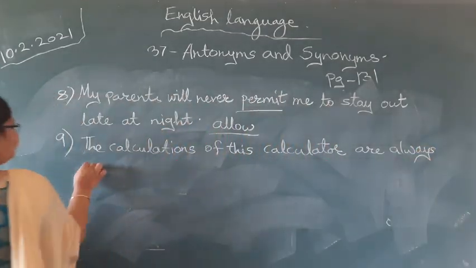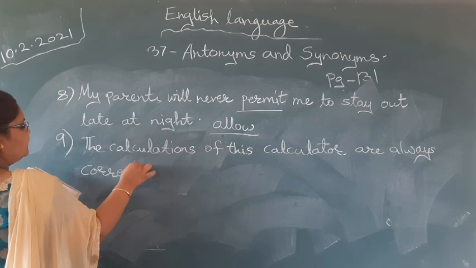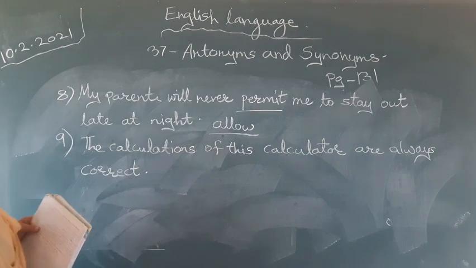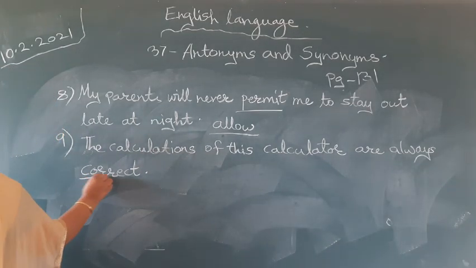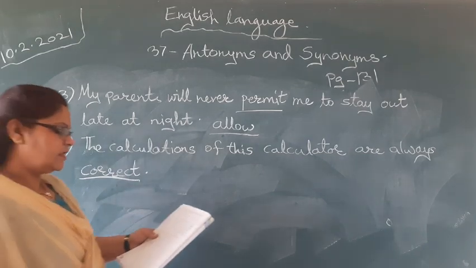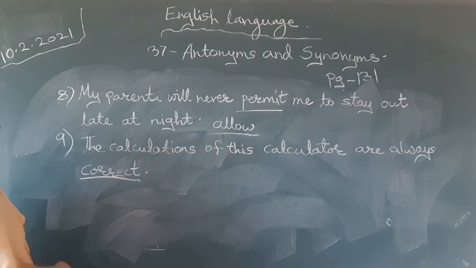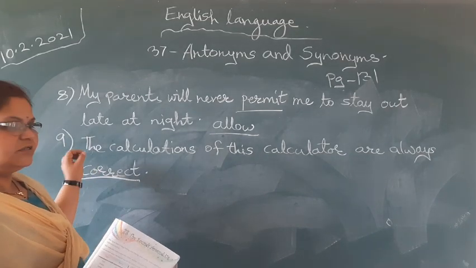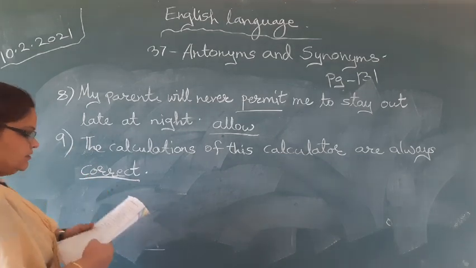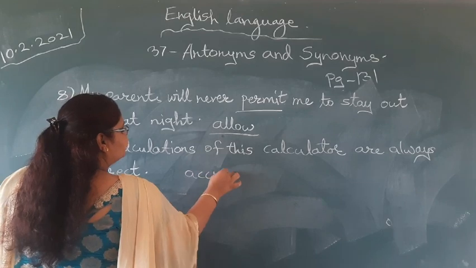Means the calculation when you do on the calculator, yes, 100% they are correct. They give us the correct answer. So underline word we have to see. What is that? That is correct. So the word for that correct, if you say it in Hindi, sahi. Sahi यानी right. That is known as correct. So the other word you can write for correct is accurate.